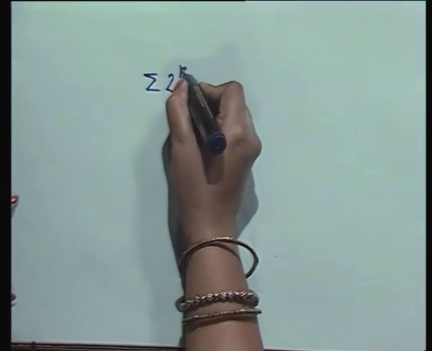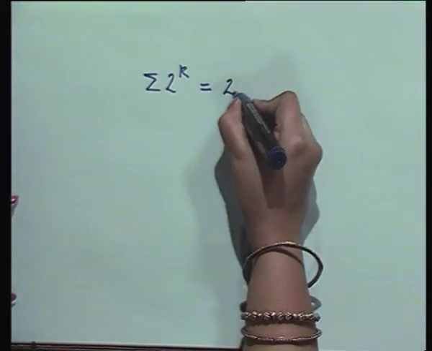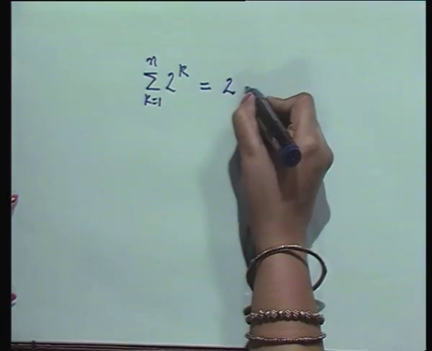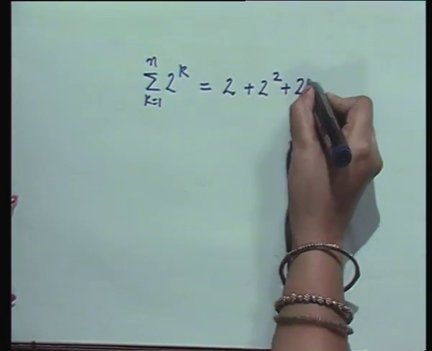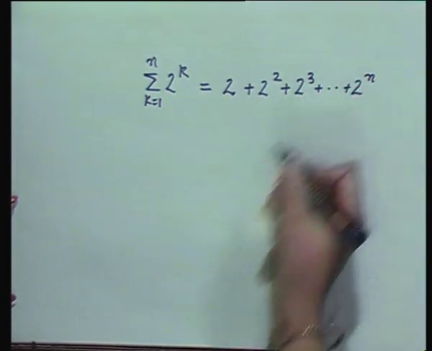Sigma 2 to the power k is, in its expanded form, as you take the value of k from 1 to n, 2 plus 2 to the power 2 plus 2 to the power 3 up to 2 to the power n.